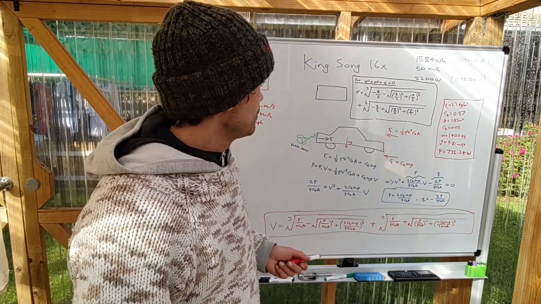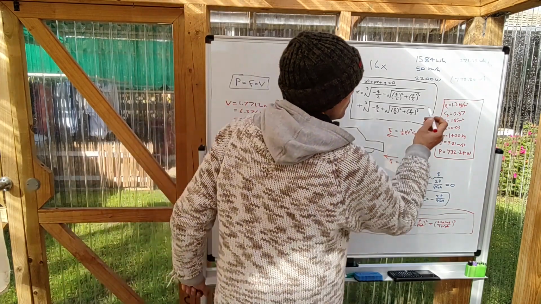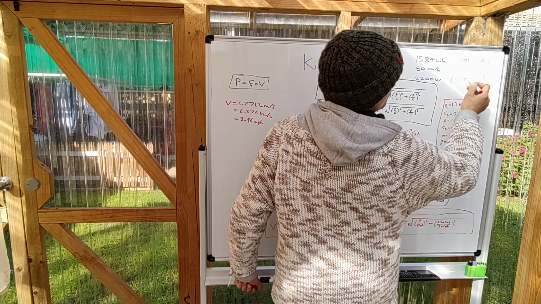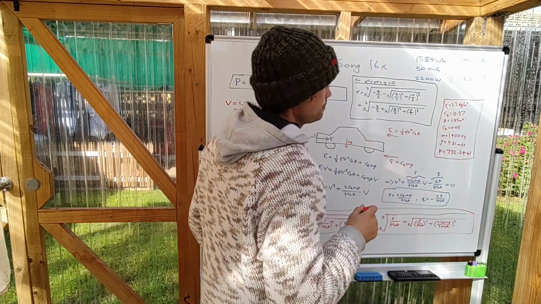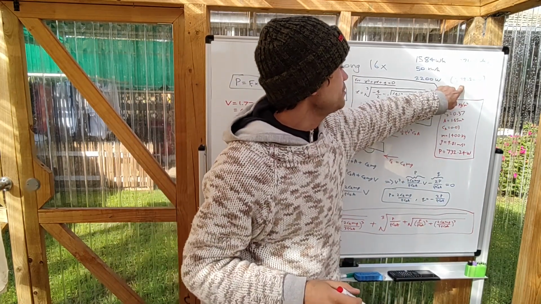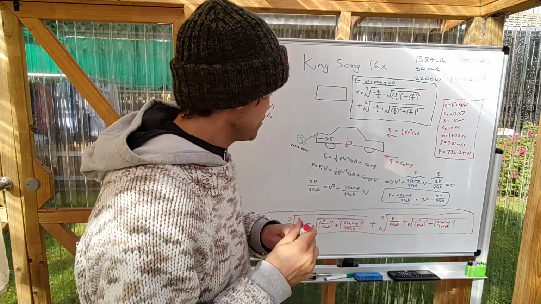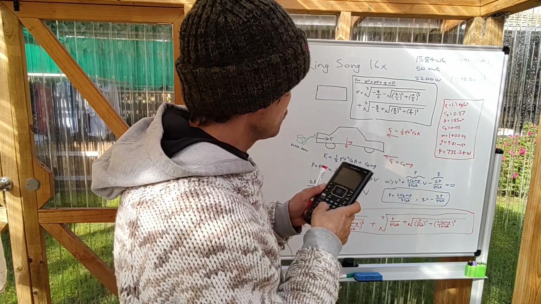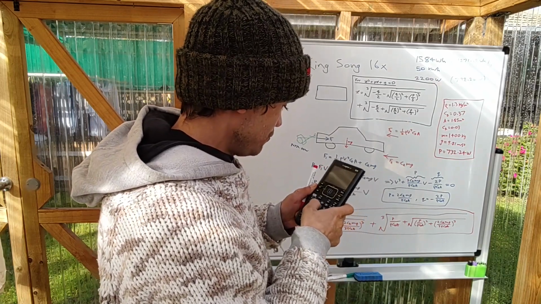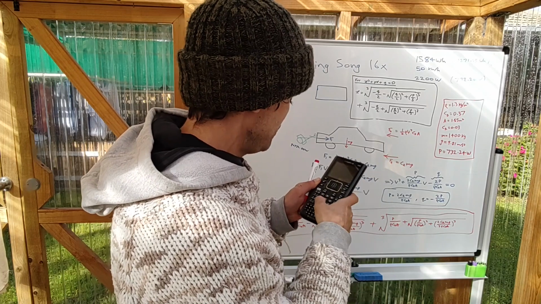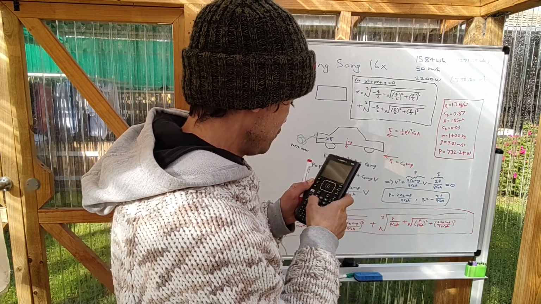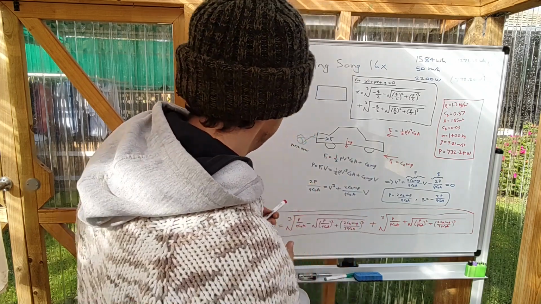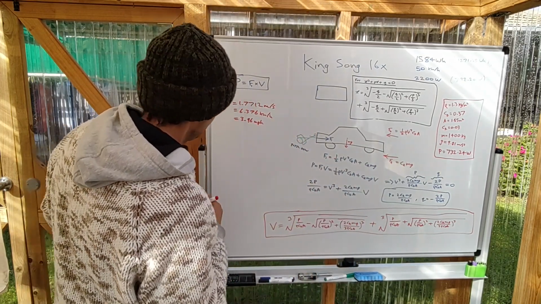Well, we know we've got 1271 watt hours and we're using 732 watts. So you just divide that number by this number and that gives you how many hours. So let's work it out. 1271.25 divided by 732.24 equals 1.36 hours.